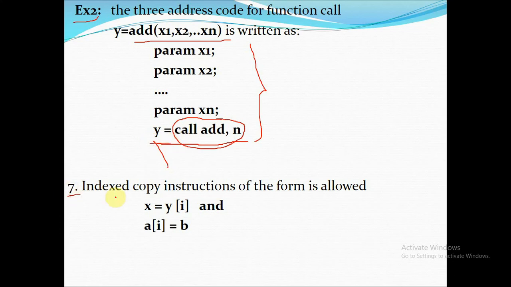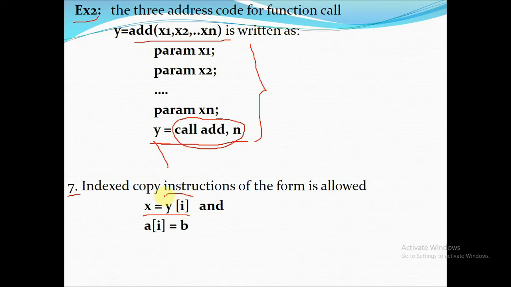Next, 7. In 3-address code statements, we can also use arrays. We know arrays. An array is a collection of similar data elements. So I can refer to a particular element by its index number. Say for example, x equal to y[i]. Here y is an array.